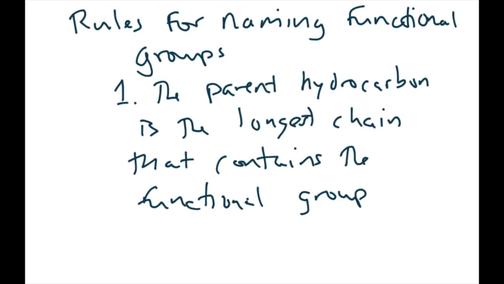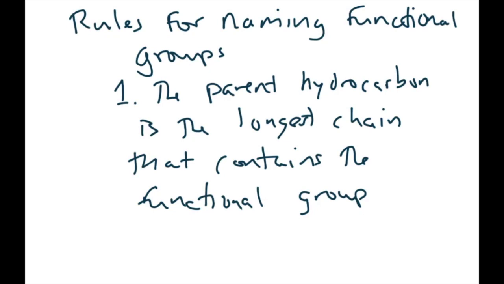So if there's a tie, go with the one that has the functional group in it. If it's a situation where maybe you have a chain that's 8 carbons and a chain that's 7, but the 7 carbon chain has your functional group in it, congratulations, you have a heptane. It just makes naming way easier if you make sure that your longest chain has your functional group.